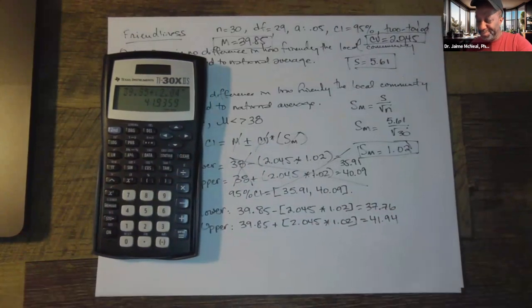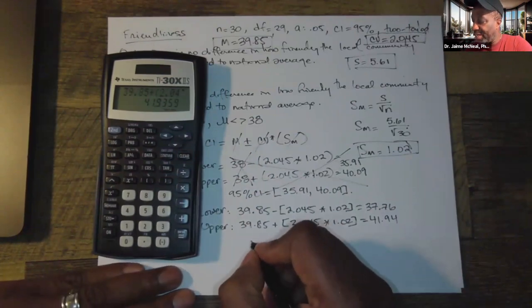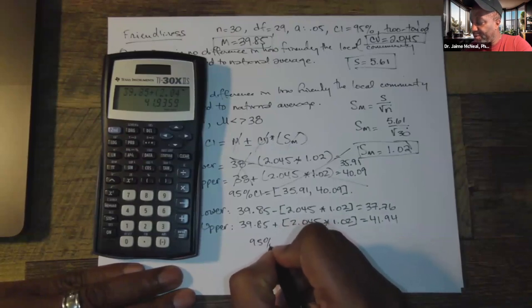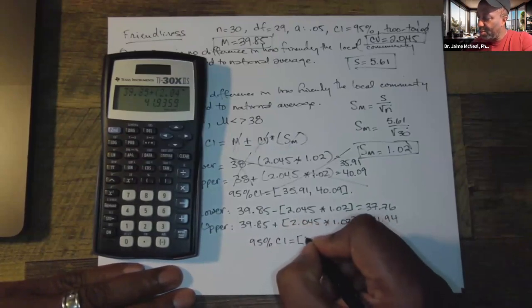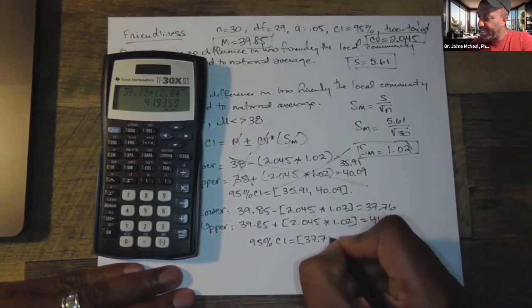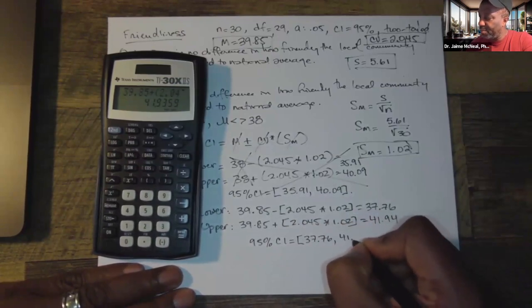Okay. It didn't really affect the outcome too much. It just was not the right answer. So our 95% confidence interval is 37.76, 41.94.